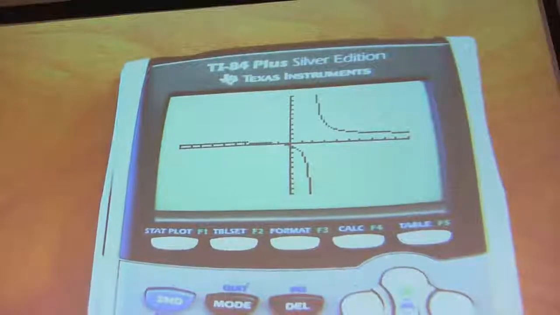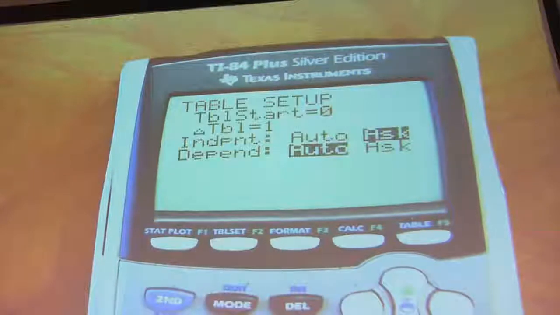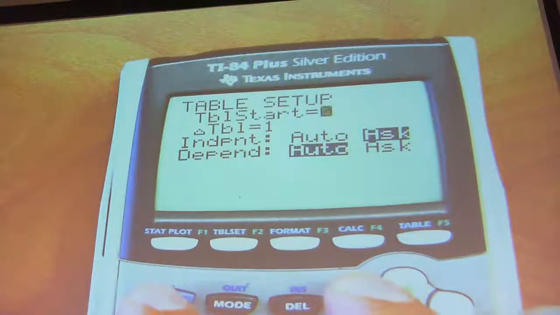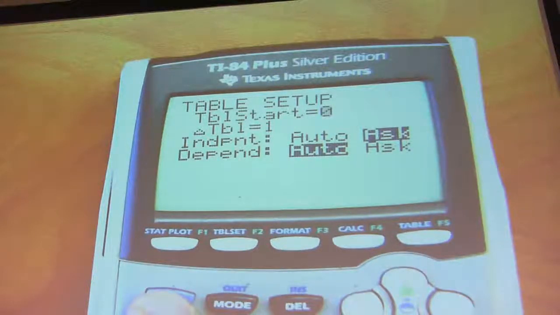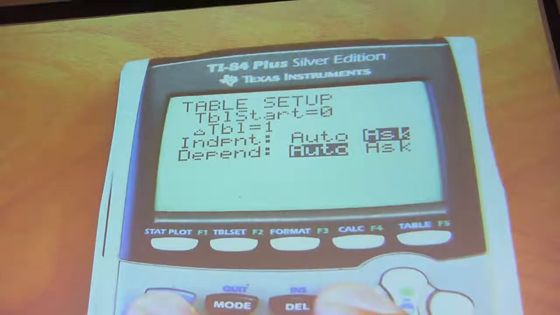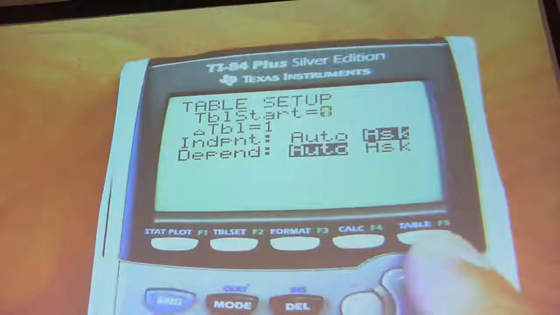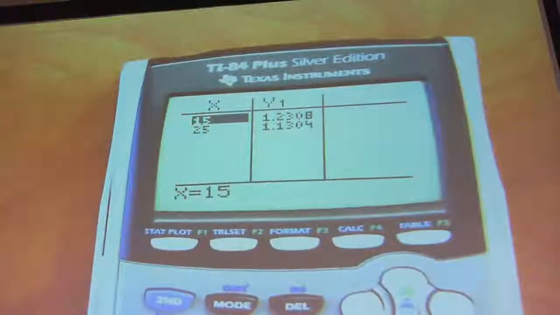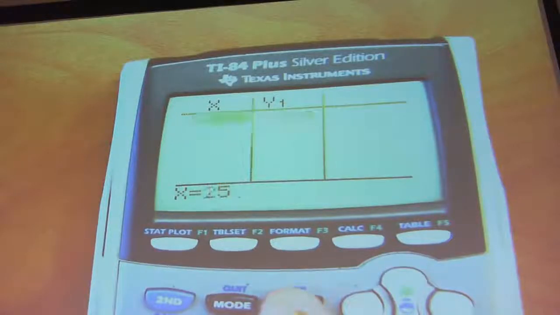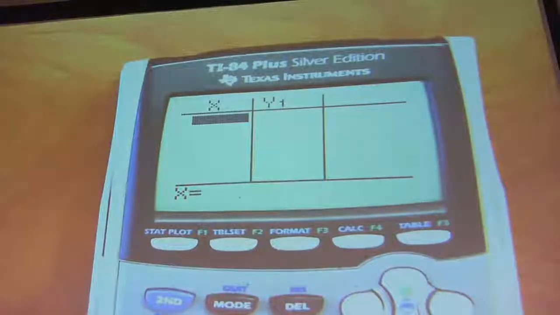A sign chart basically says, if we go to table set, second window, everybody has Ask Auto, right? We did this a couple times. Make sure it's Ask Auto. A sign chart basically is giving you, without graphing, a way to do what we just did. Go to the table feature, second graph. The points are -1 and 2.